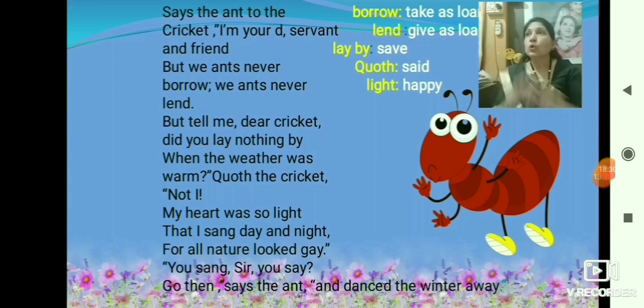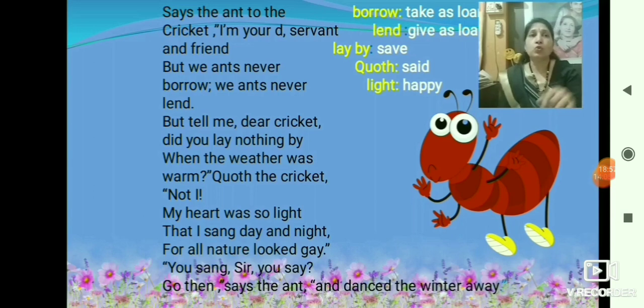Means, did you not save anything for the future when the weather was warm, when the summer and spring seasons were there, when prosperity and pleasant seasons were there, you didn't save anything.